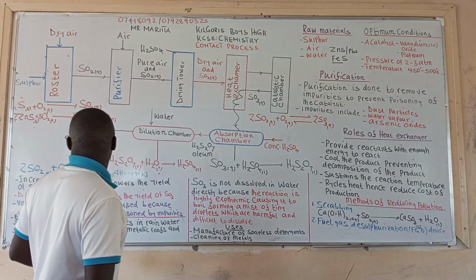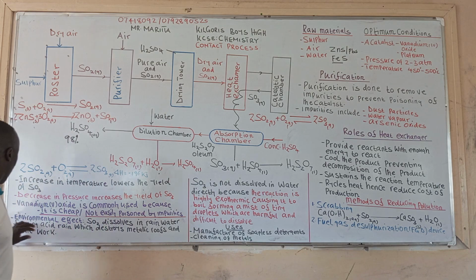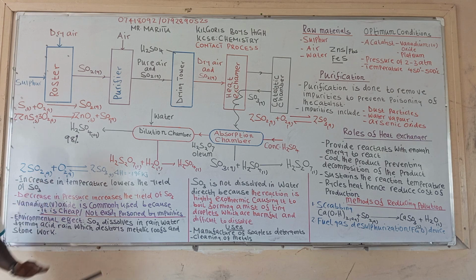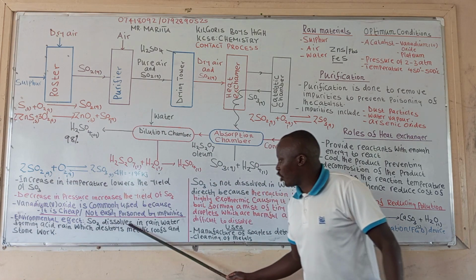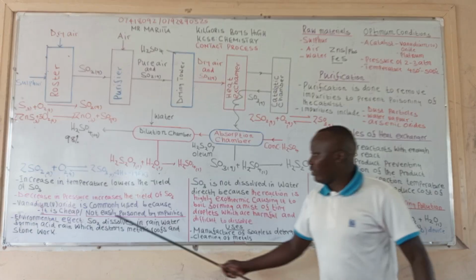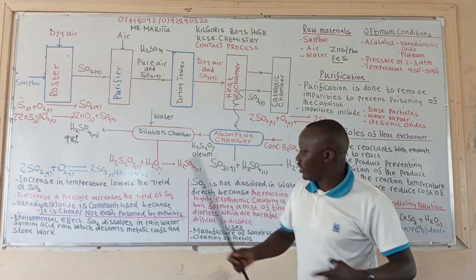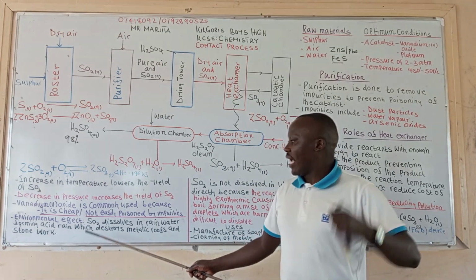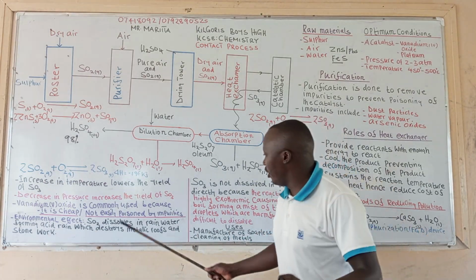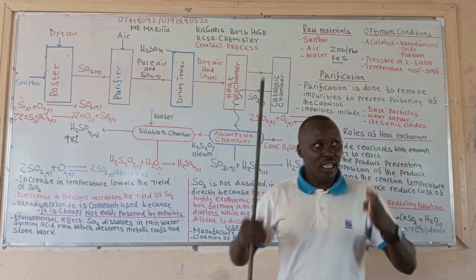So in this case, you will be required to explain the environmental effect of this gas. The environmental effect: sulfur oxide dissolves in rainwater, forming acidic rain. Acidic rain destroys the metallic roofs and the stonework.